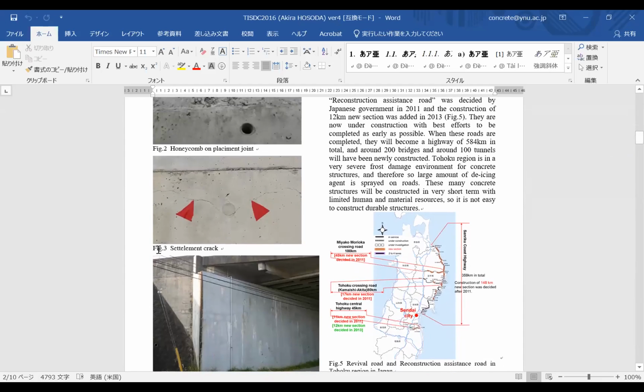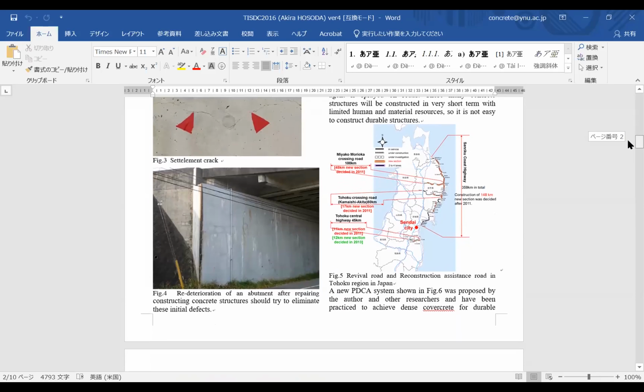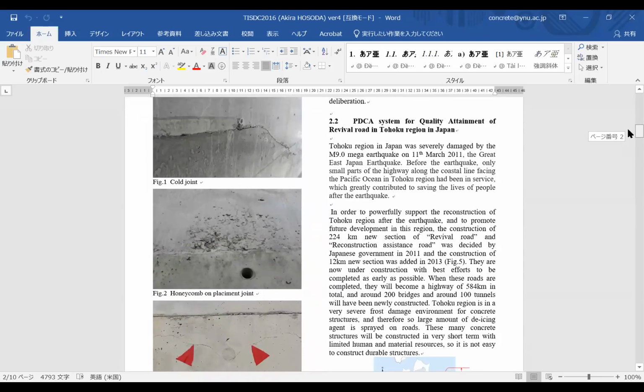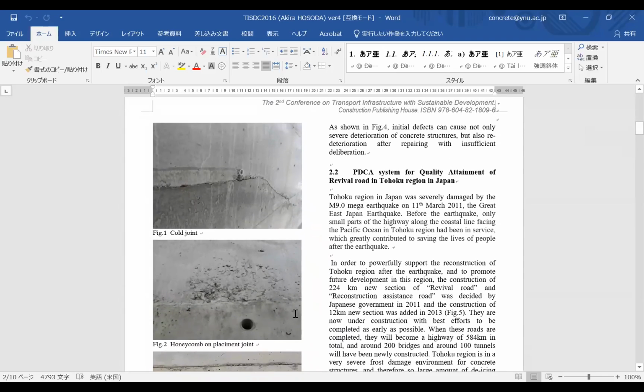Figure 3 is showing settlement crack due to segregation, etc. So we want to prevent these initial defects, and we want to achieve good concreting work.